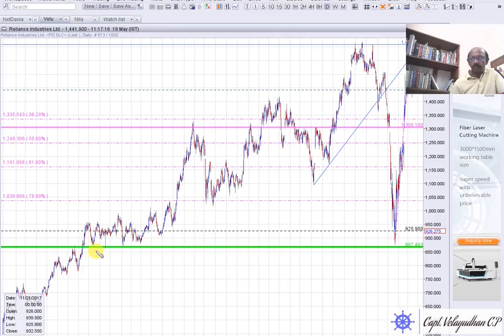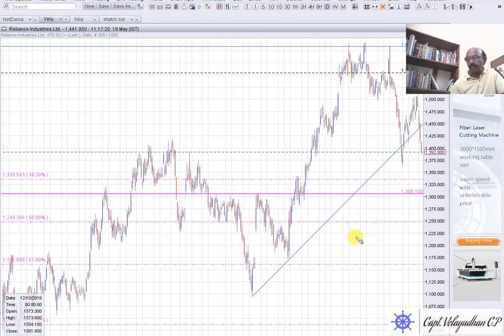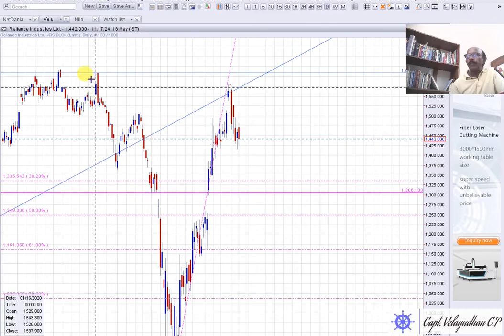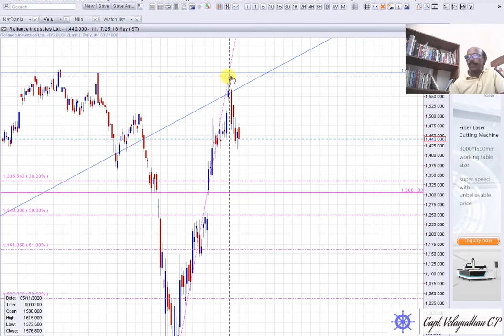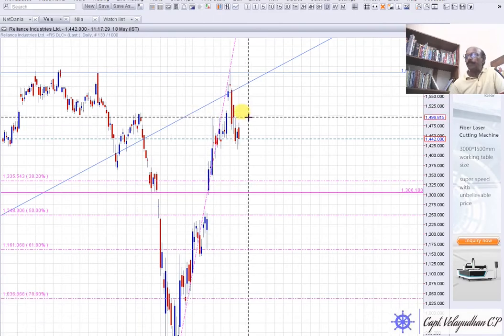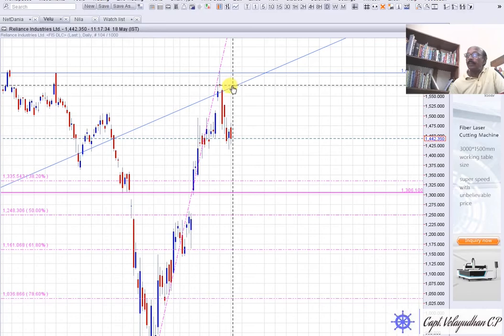It took support here, moved up, and it took resistance at the same level, the high of the engulfing pattern. And here it made a doji, an evening doji star, as we call that.